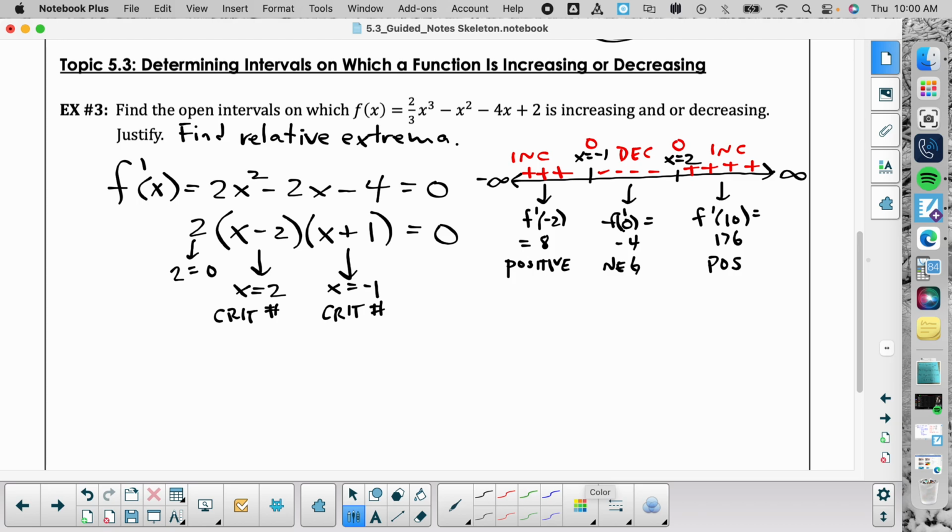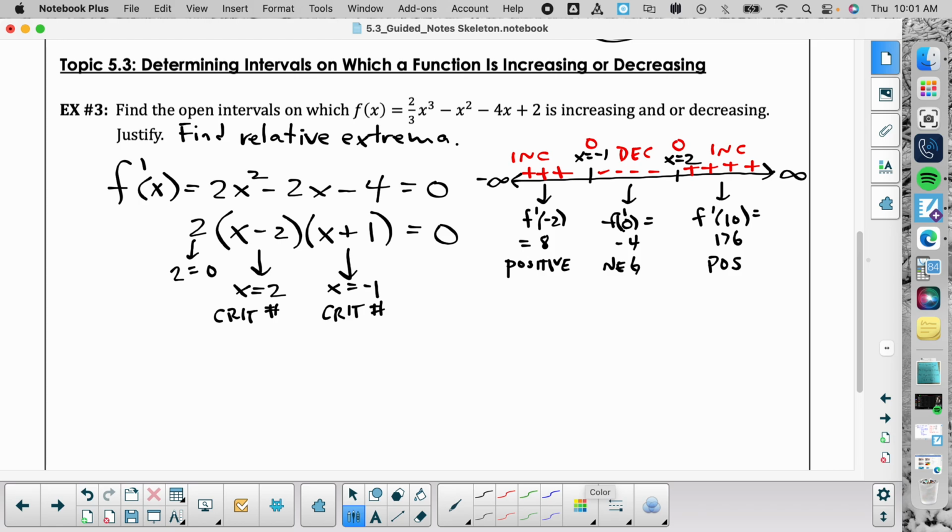Now, here is where I usually do it differently than most textbooks show. Most textbooks just have you fill out this, and it's not bad, it's not wrong. What kind of a relative extrema is it when we go from increasing to decreasing? It's a max. Now me, when I do that, I have to mentally picture in my head up, down. I don't have it memorized, increasing to decreasing is max.